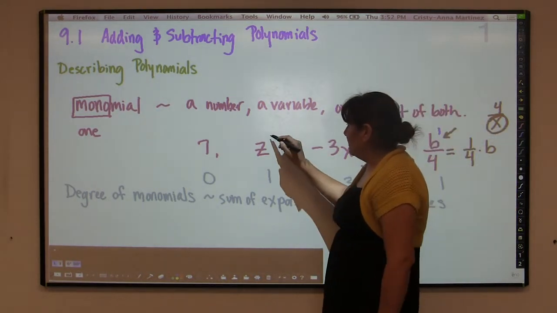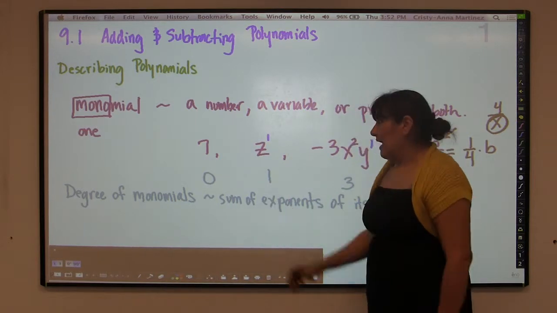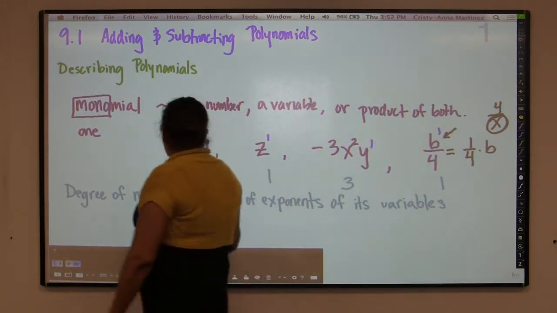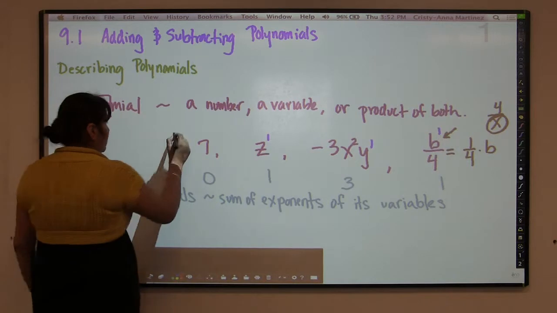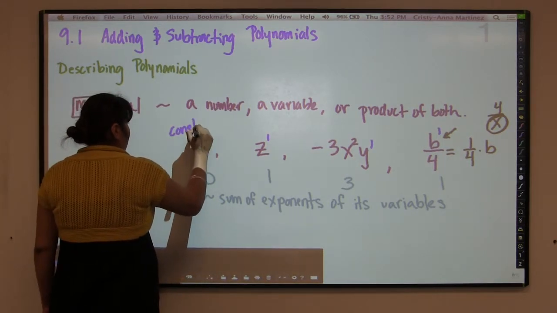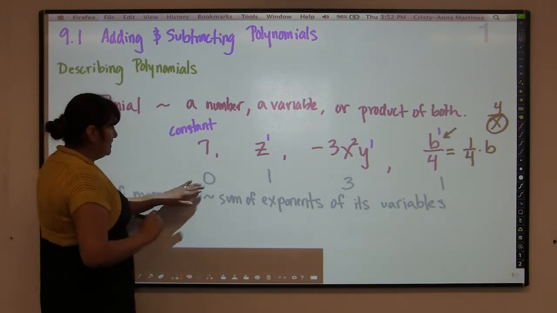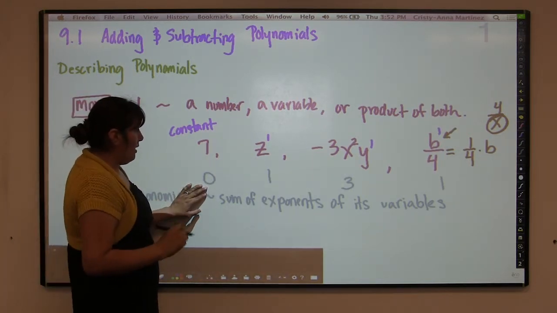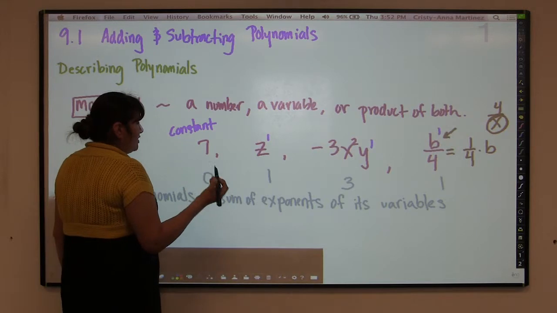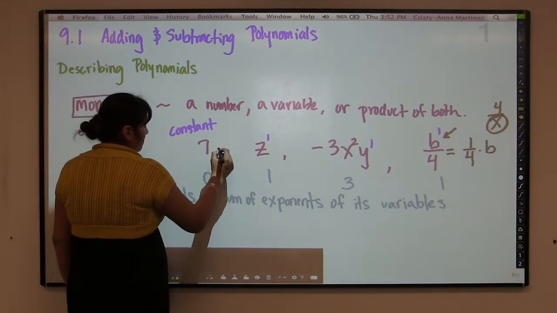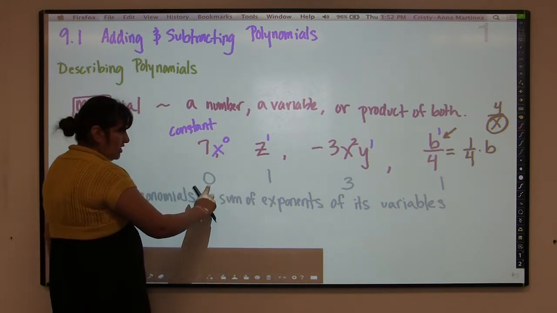For the z, we have z to the 1 power, and the degree is 1. And the one that doesn't seem that obvious is this number 7. It's called a constant. We call a number with no variable a constant. And its degree is 0, and it might not be obvious why right away, but you will recall that if I do put a variable, like maybe an x, to the 0 power, which is the exponent, the degree here is 0.